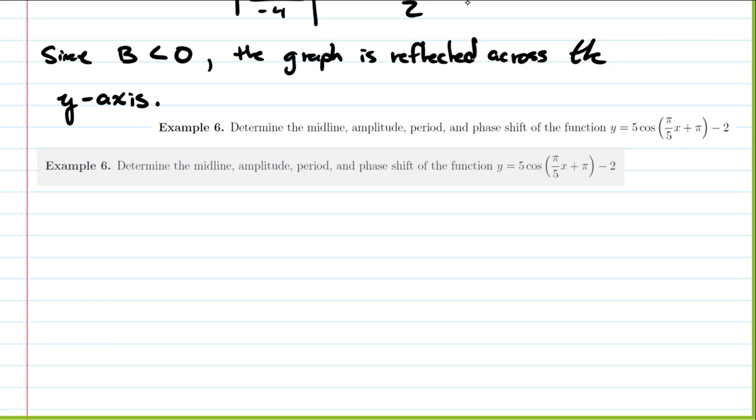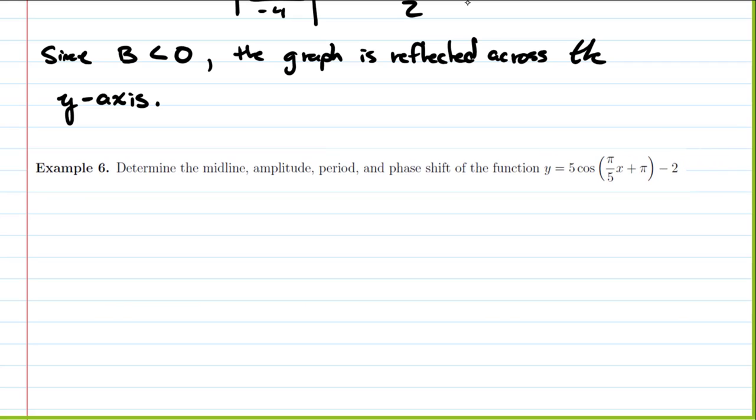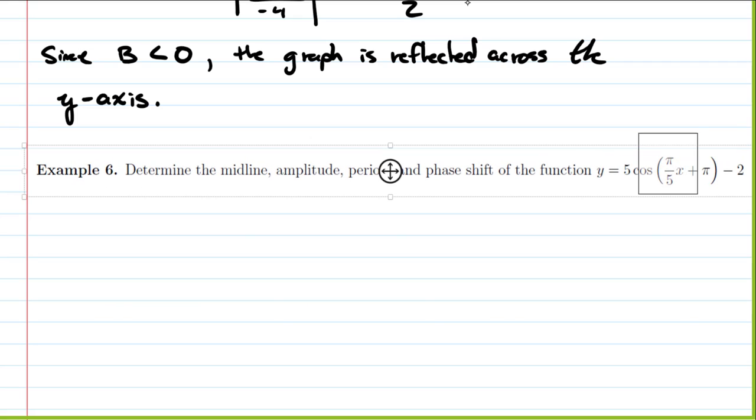Now let's put them all together. We wish to determine the midline, amplitude, period, and phase shift of the function y equals 5 cosine of pi over 5 x plus pi, minus 2. Let's clean up the inside first.